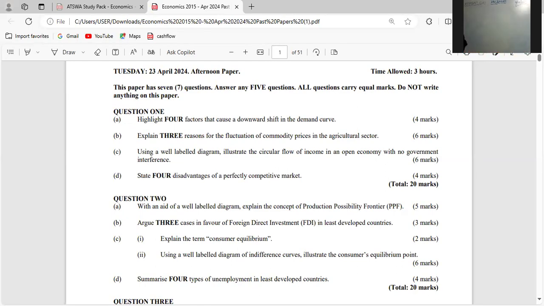Okay, now click your board. I want us to use the board now. So we know what the question is asking. The question is asking, using a labelled diagram, explain the concept of production possibility frontier. That one is PPC. In short, they were asking you to come up with a PPC. One minute.